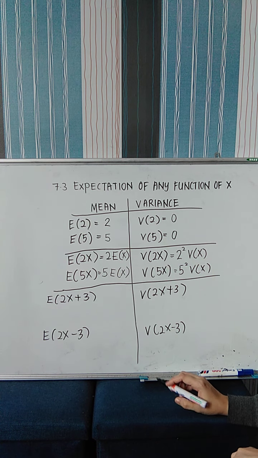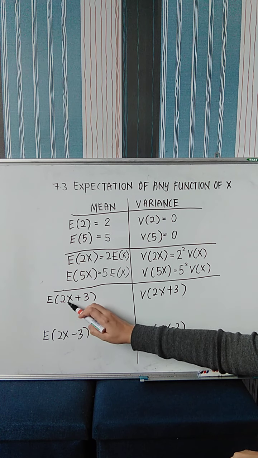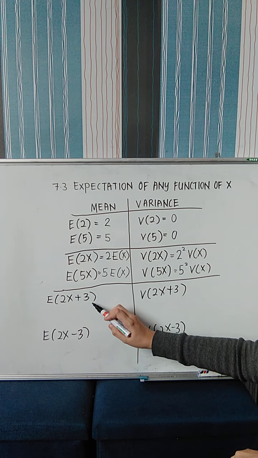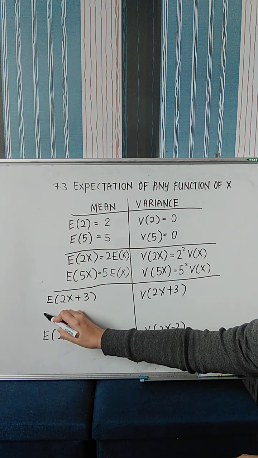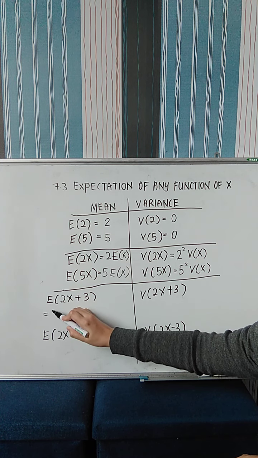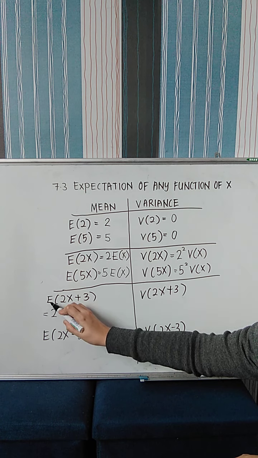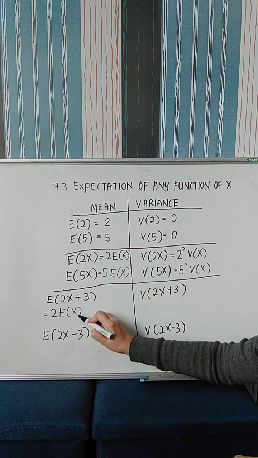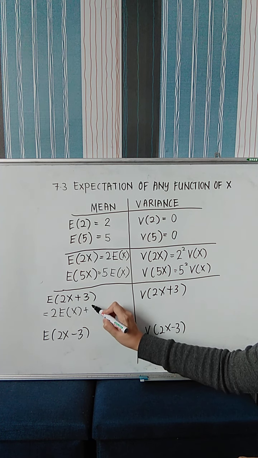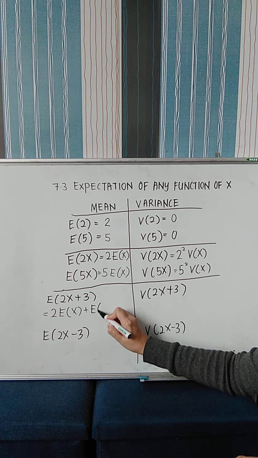Next, expected 2x plus 3. Expected 2x plus 3, you can write as 2, you take the value of 2, E(x), plus E of 3, which is E(3).